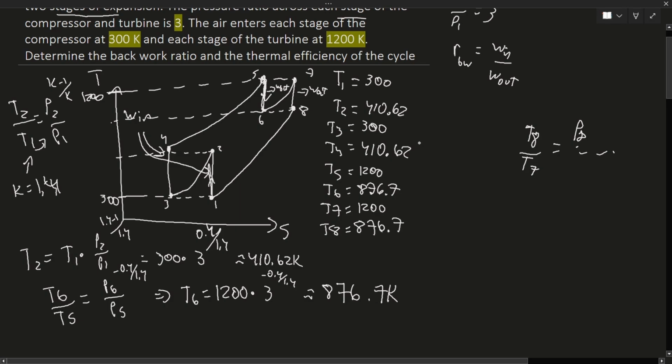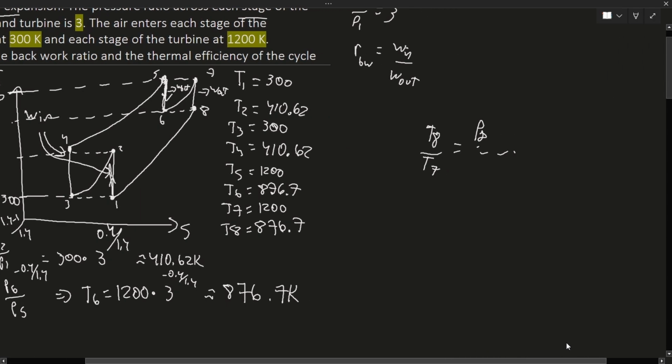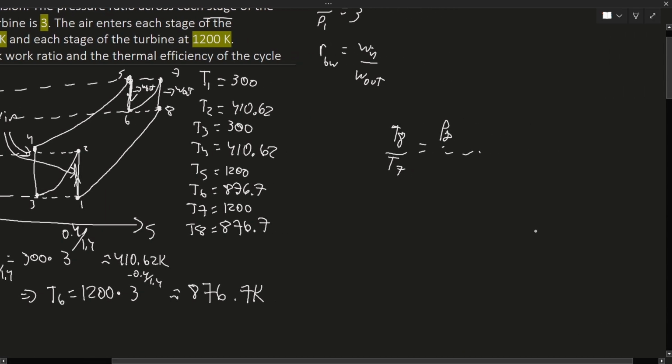All right. Now we have all of the values, and we're ready to find the back work ratio. W out, work out, is equal to these, wherever these straight lines are, okay? Cp times (T5 negative T6) plus Cp. We're taking T5 negative T6 because T5 is higher, and I don't want to have a negative value because that's not going to make any sense.